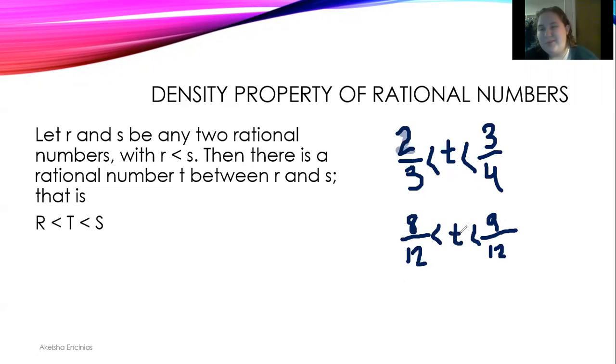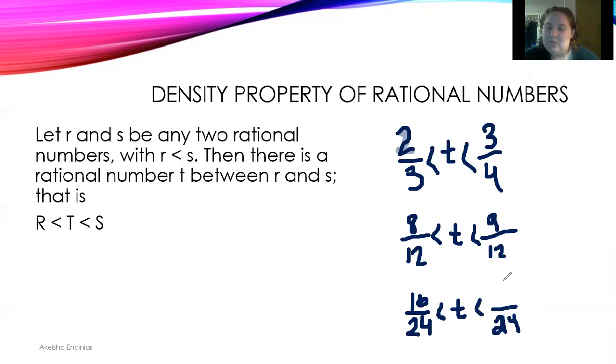And yeah, 8.5 could work, but it's not really a rational number. So we're going to take it one step further and multiply everything by 2. So 12 times 2, 24. Over 8 times 2 is 16. And then put our T right there. Multiply 12 times 2 again, you get 24.